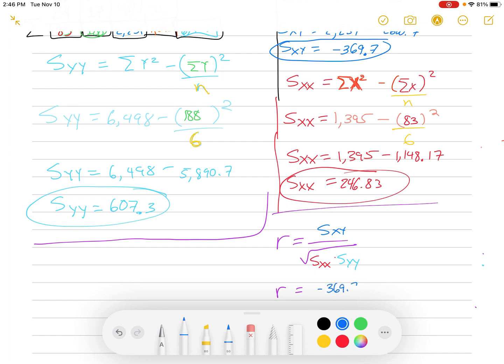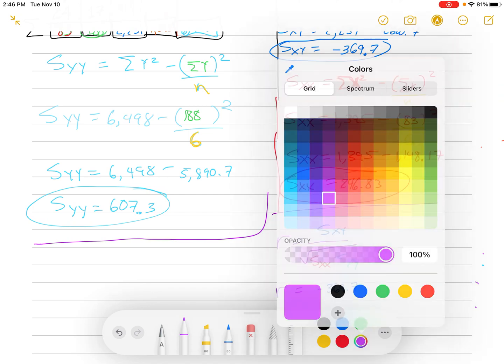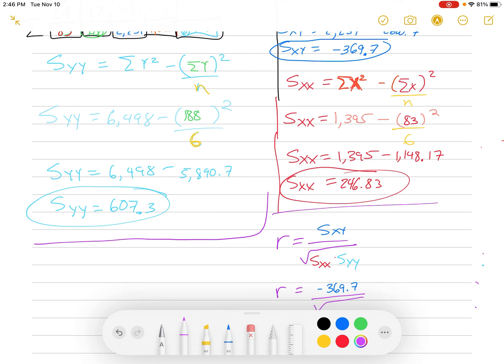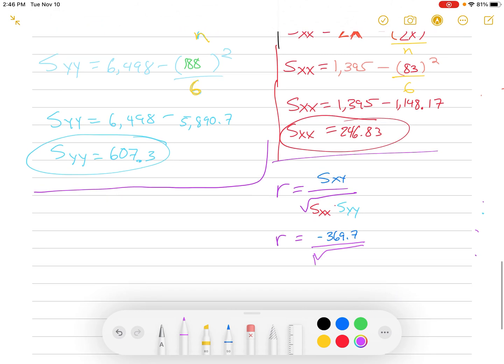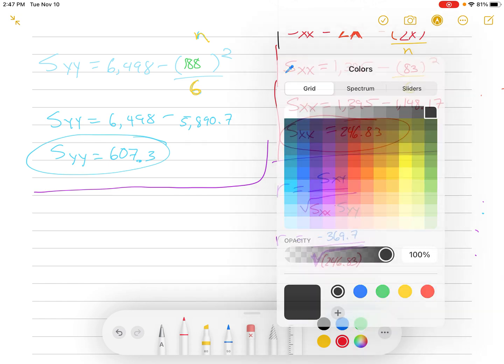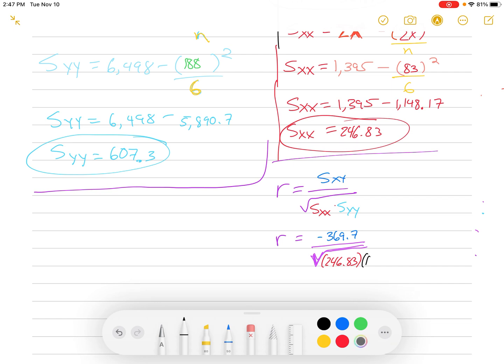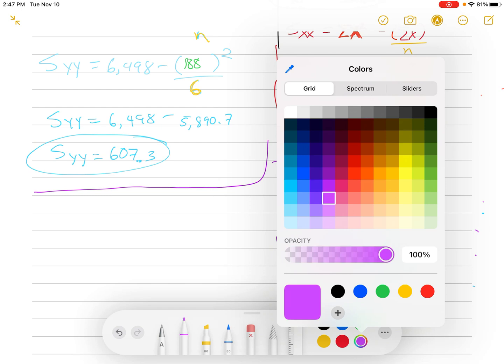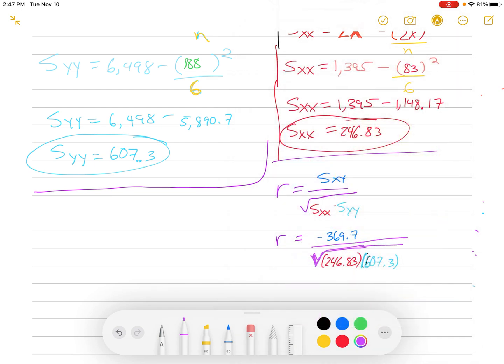Negative 369.7 divided by the square root of 246.83 times 607.3. Make sure your square root goes all the way over top of that denominator.